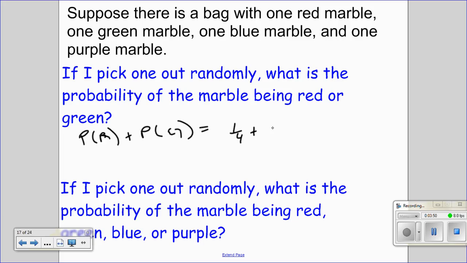The probability of being green was 1/4. So when you add these two fractions, it becomes 2/4. That's your probability. As a decimal, it's 0.5. And as a percent, that means 50% chance.